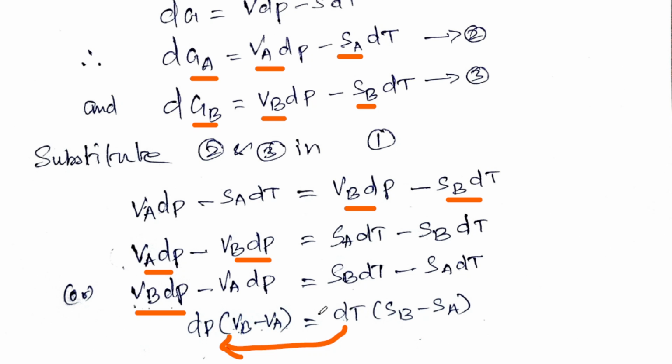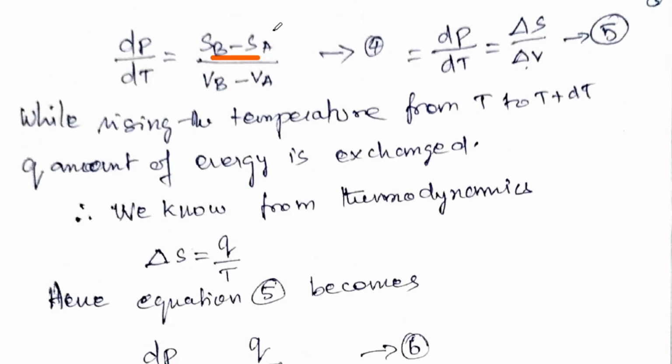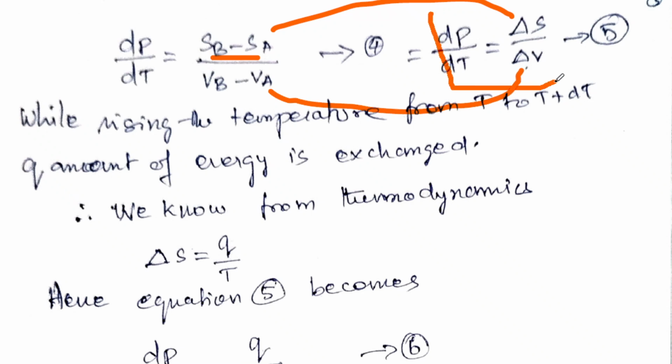Okay, and SB minus SA is known as delta S. We can change that into delta S, and VB minus VA I can say is delta V, and therefore this equation takes this form.